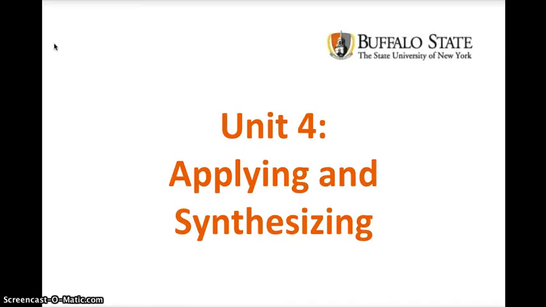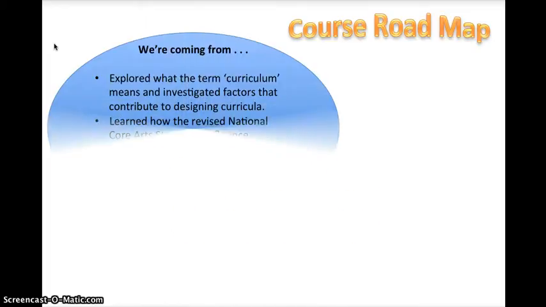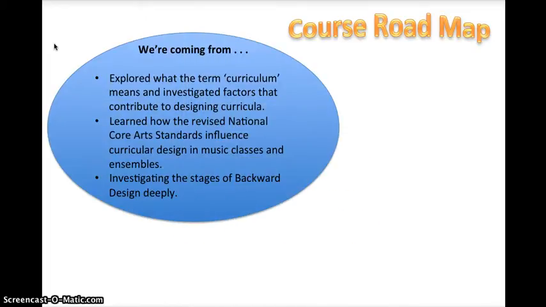Let's take another look at our course roadmap. In Unit 1, we explored the many ways curriculum is defined and investigated, and we also investigated factors that contribute to designing curricula. In Unit 2, we learned the revised National Core Art Standards, how they influence curricular design in music classes and ensembles, and investigated the stages of backward design deeply.